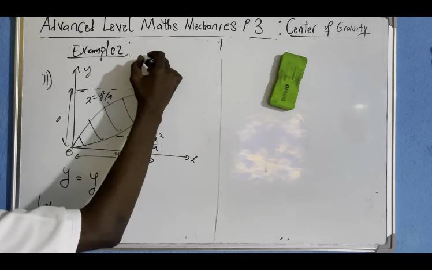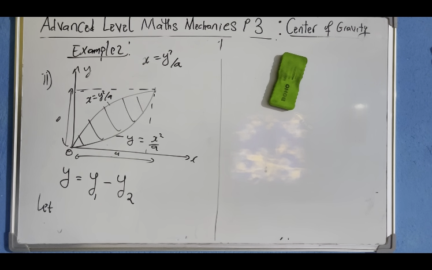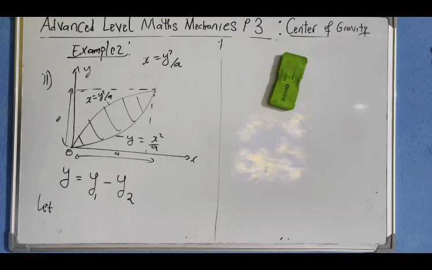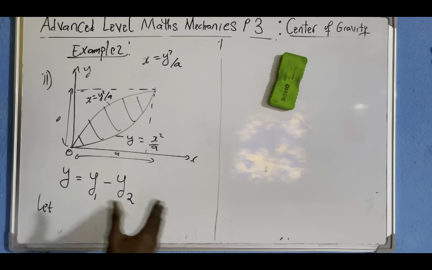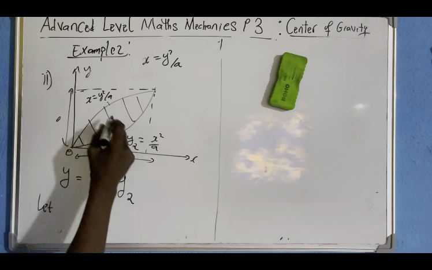Now look, I'm having here x equals y squared all over A. It depends on you. If you want to represent all your curve in terms of x, I should make y the subject. Here it's already okay, so here already is my y2. Then here I should make y the subject.